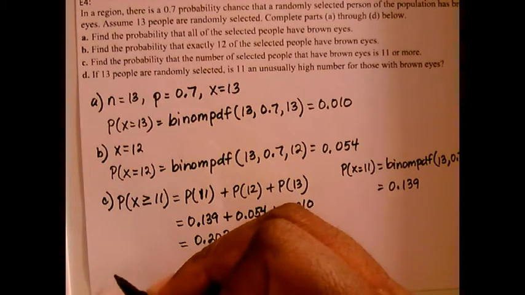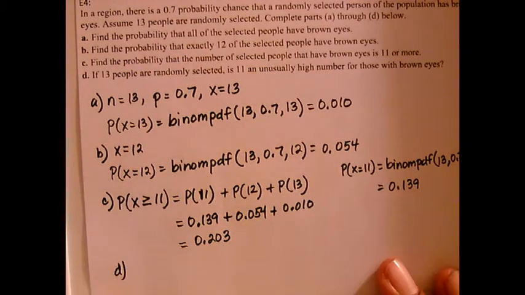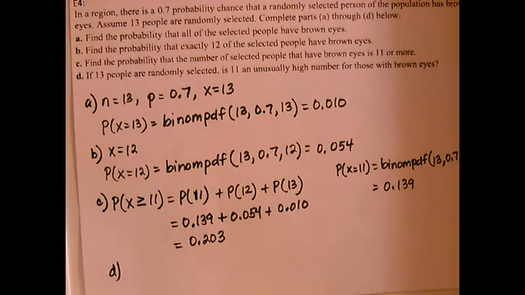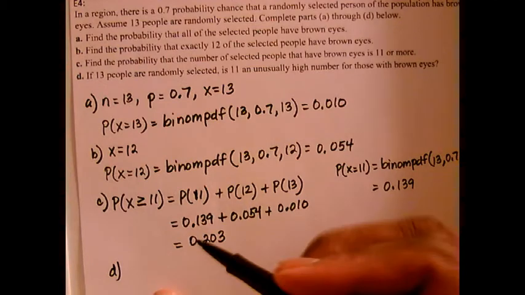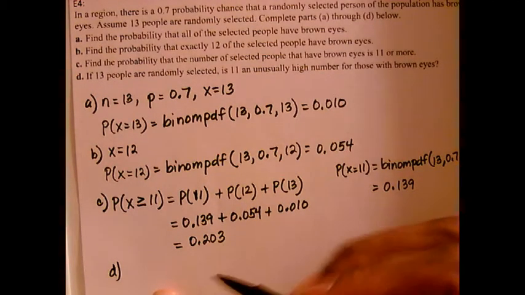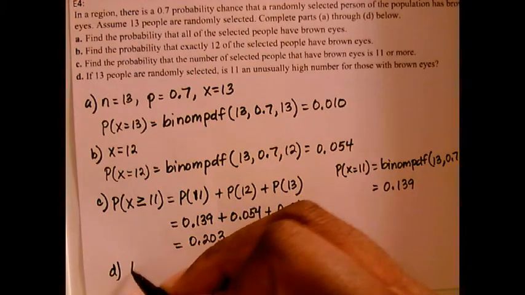And then part D, if 13 people are randomly selected, is 11 an unusually high number for those with brown eyes? Well, if you take a look at this, that answer would be no, because that's bigger than 0.05. Okay?